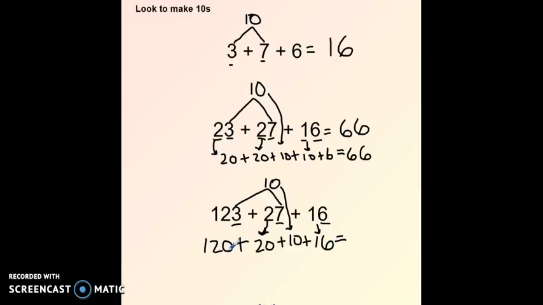So 120 plus 20 is 140. 140 plus 10 is 150. And 150 plus 16 is 166. So it's helpful to make groups of 10 and then to break the numbers down by 1s and 10s to be able to add it in our heads.